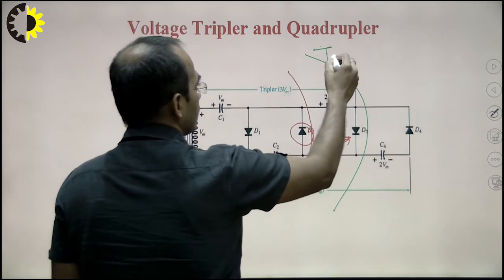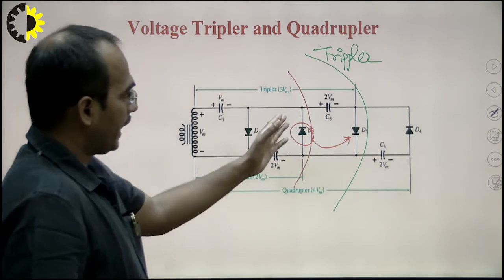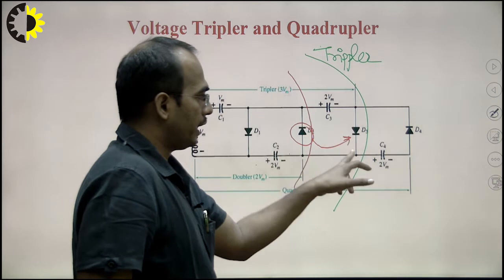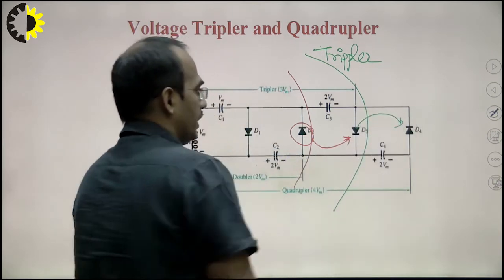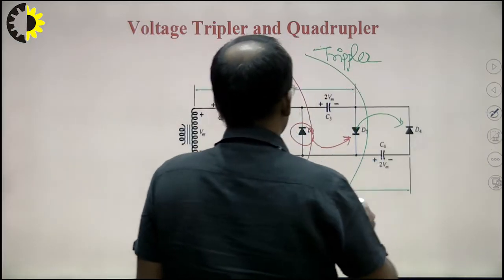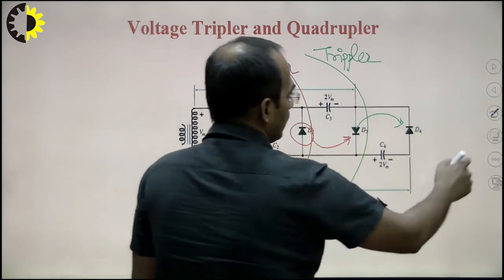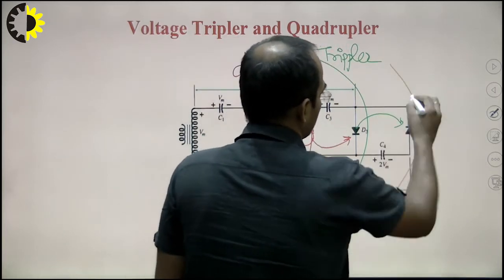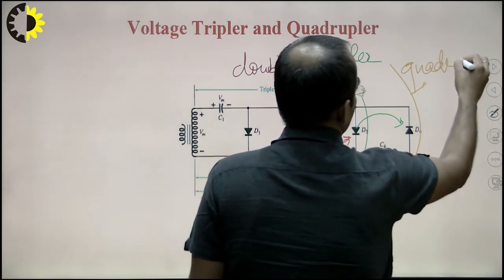This is the tripler. And again, if I add a capacitor and diode, the capacitor will be added in the opposite, lower branch, and the diode will be added in the upward direction. So this is the doubler, this is the tripler, and this is the quadrupler.